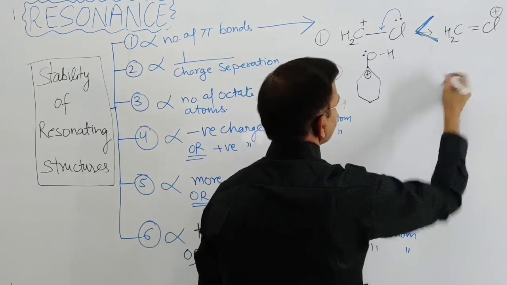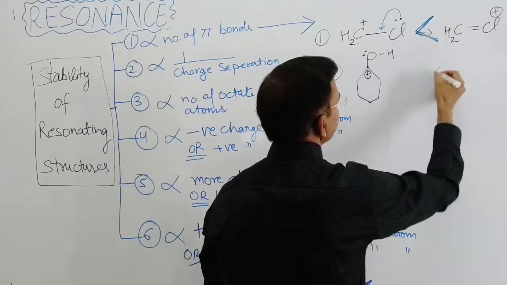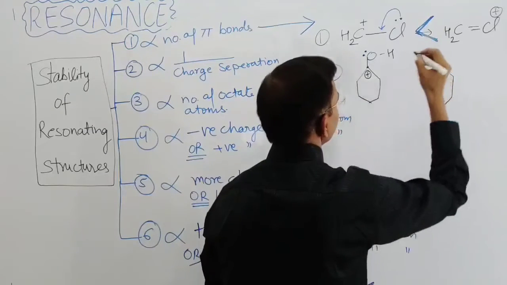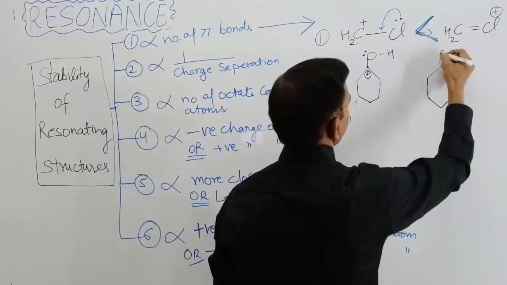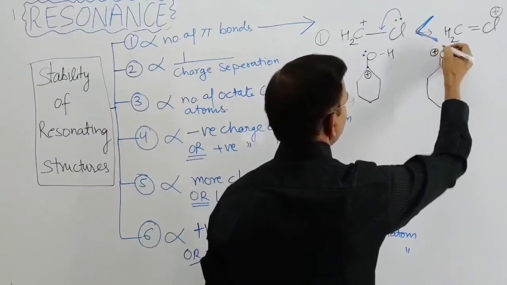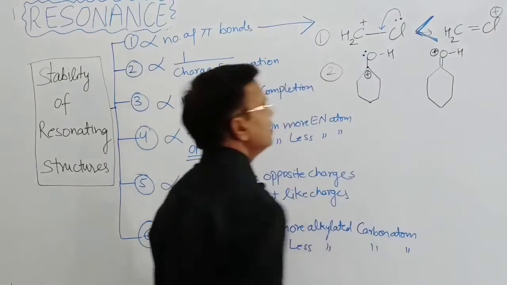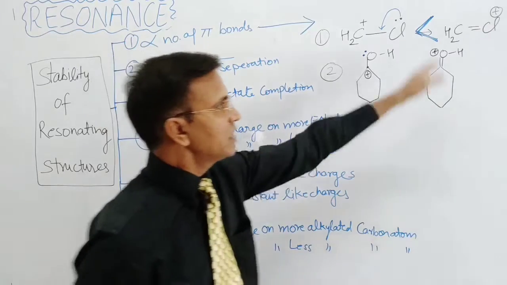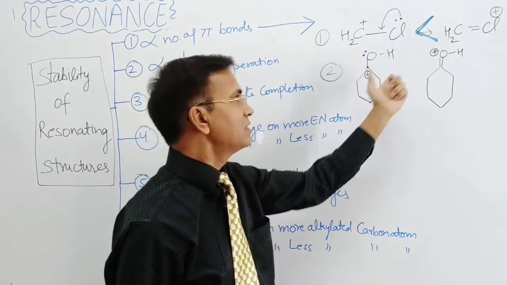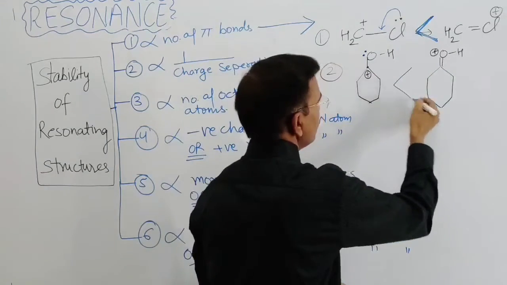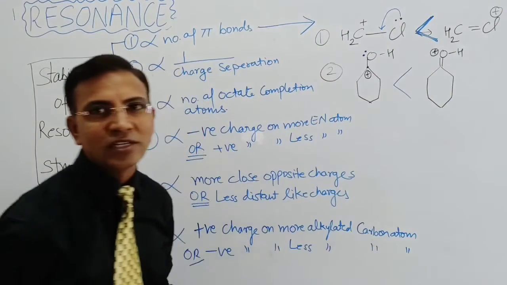So the second structure will be double bond, oxygen, hydrogen, and a positive charge comes on oxygen. So beta, in these two resonating structures, you may clearly observe this has one pi bond and this doesn't have any pi bond. That means this will be more stable than this resonating structure.